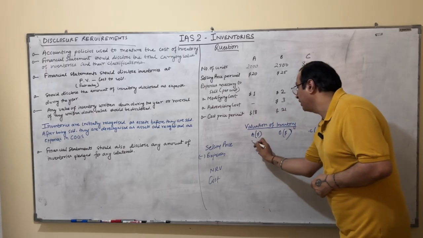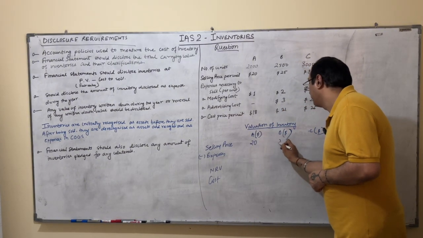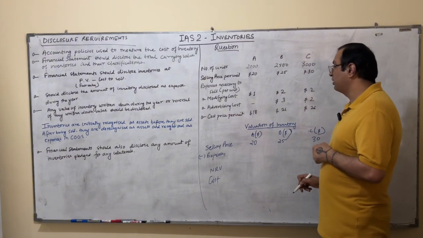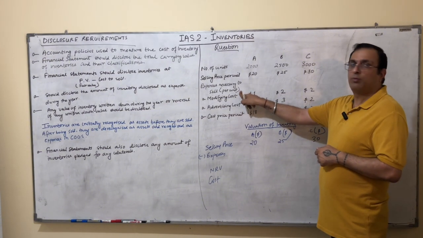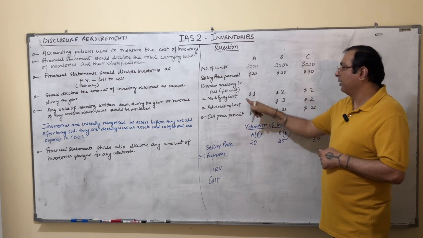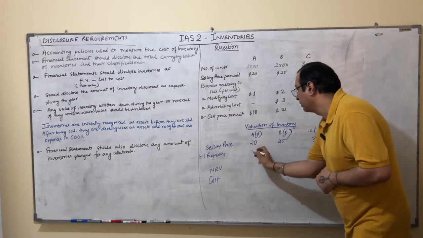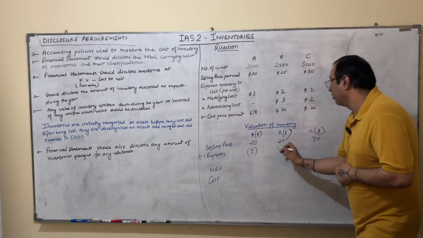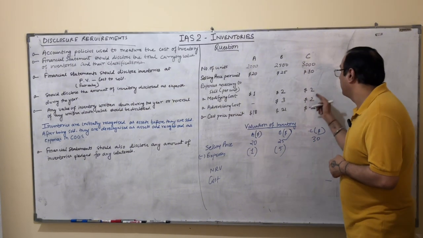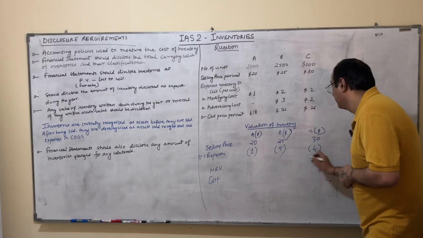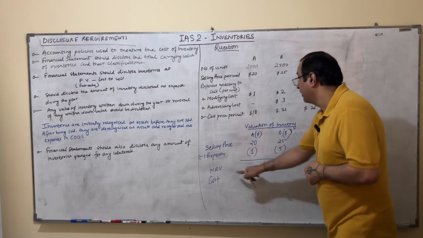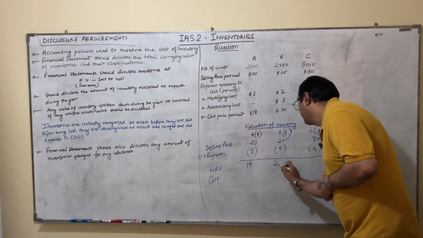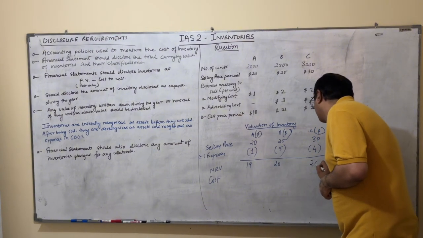We have selling price 20 here, 25 here, and 30 here for A, B, C. And the expenses which are essential to be made before selling are $1 for A, $5 for B, and $4 for C. I will subtract these expenses and I will get NRV. Here it is 19, here it is 20, and here it is 26.